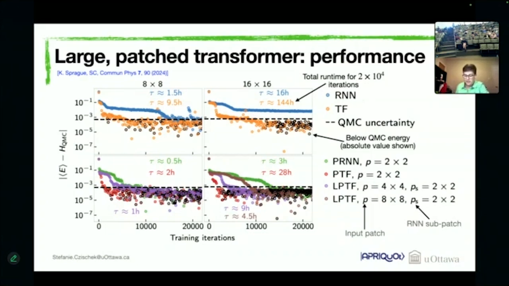The accuracies are the same, but that's all okay because now our runtimes have been reduced so much that they are totally feasible. So now our large patch transformer for the 16x16 atom array only runs for 4.5 hours, which is totally fine.